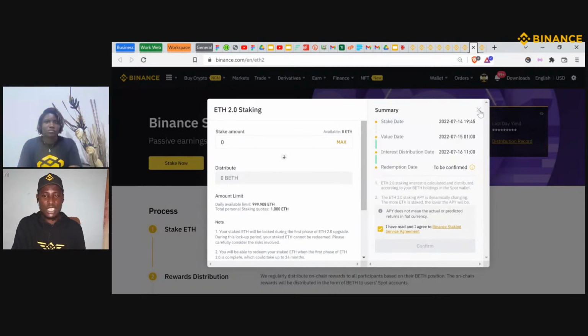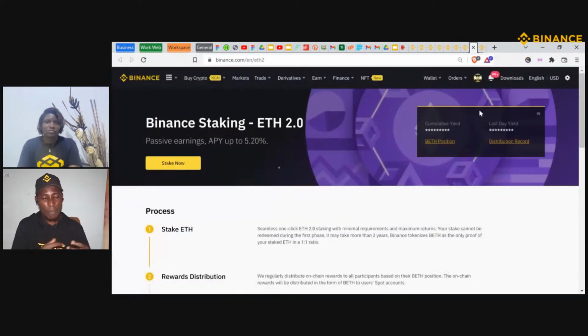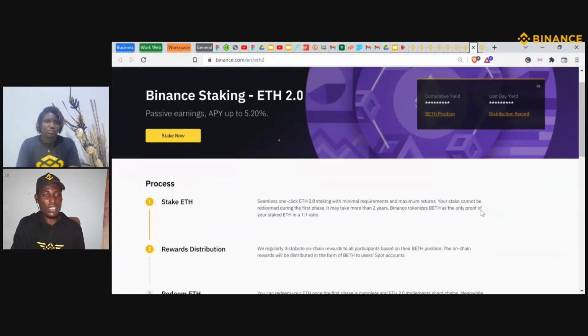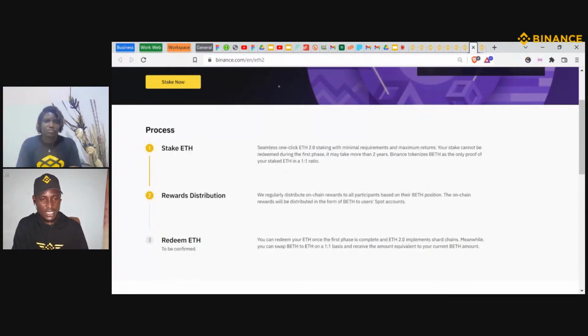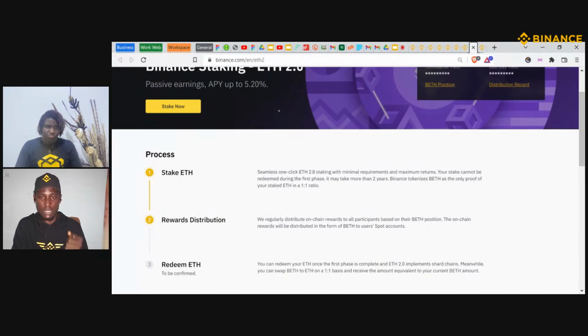When you stake, you automatically get a wrapped ETH version in your spot wallet, which is BETH, Binance ETH. So you have the wrapped version of the ETH coin. You stake and you start getting rewards on your ETH staking immediately after 24 hours.